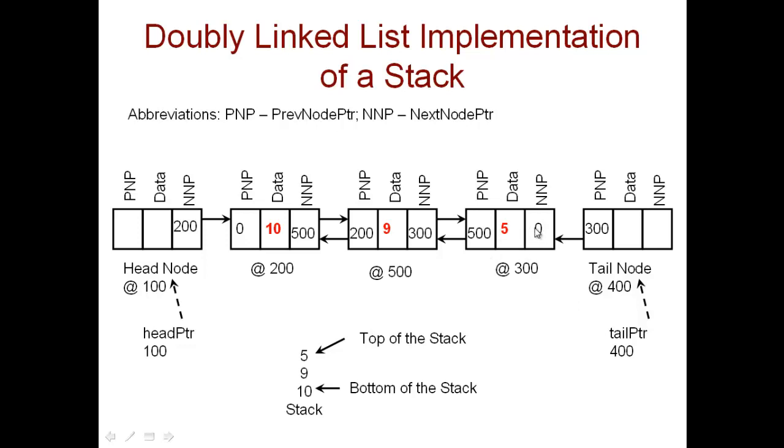As I said, this is the last data node in the forward direction, so its next node pointer has to be null. That's the last data node in the forward direction, and the first data node in the reverse direction, the node previous to the tail node. So for that node, the next node pointer should be null.